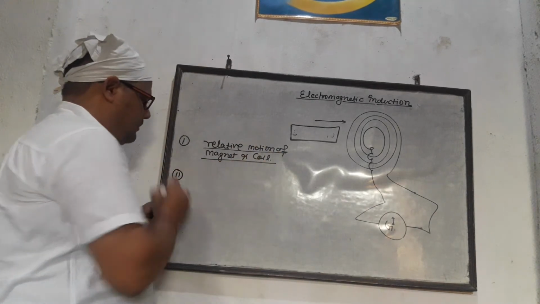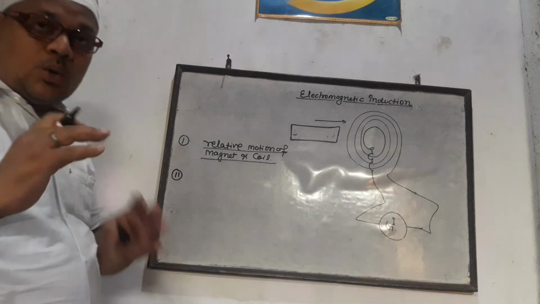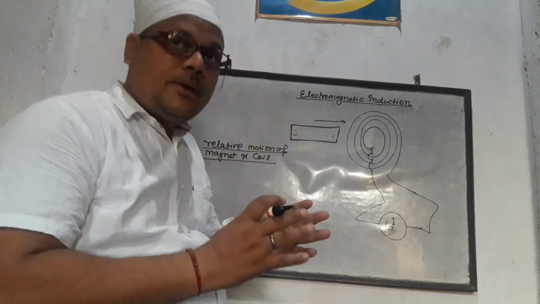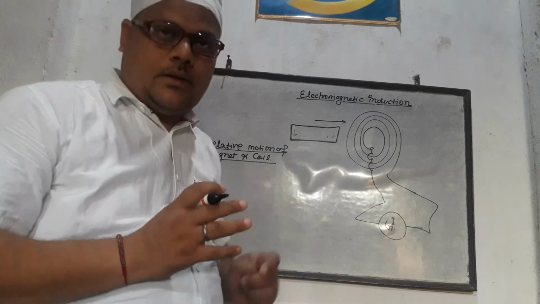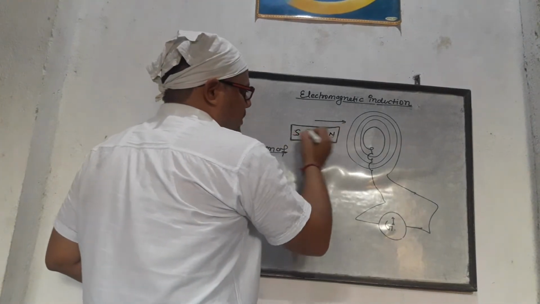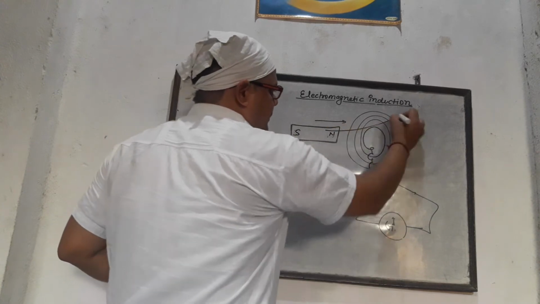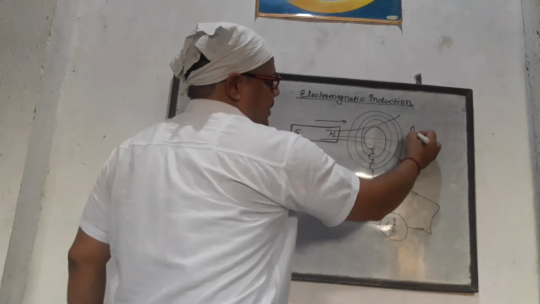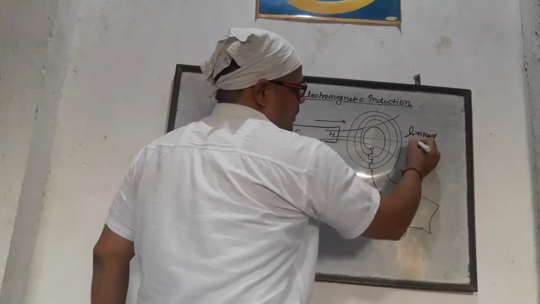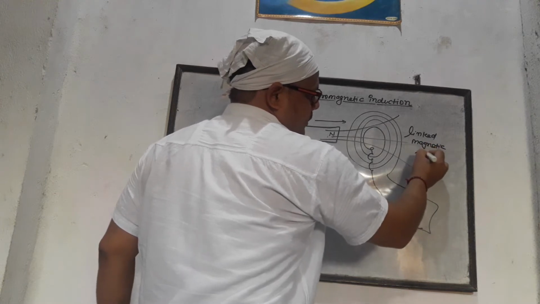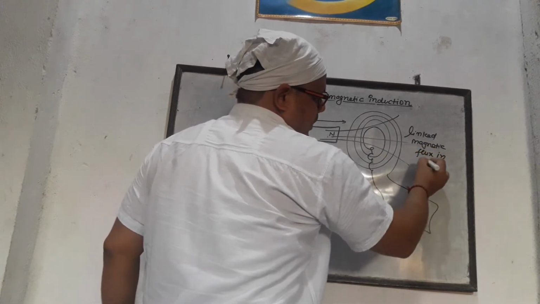The second step is, due to this process, the magnetic flux which is linked with the coil must change. Okay, which is linked with the coil. Remember this thing. Hence, this is the linked magnetic flux in the coil.